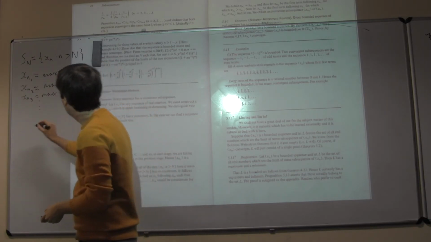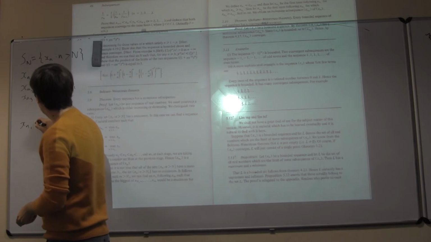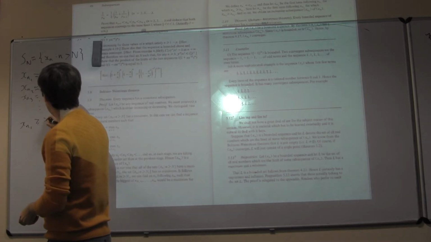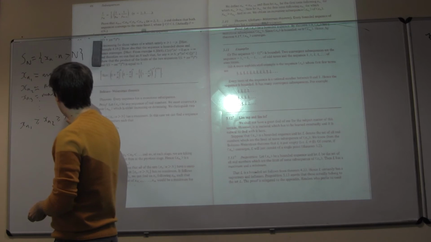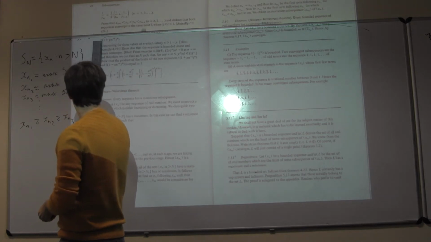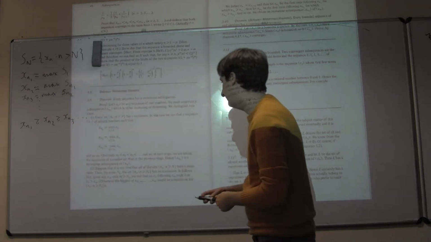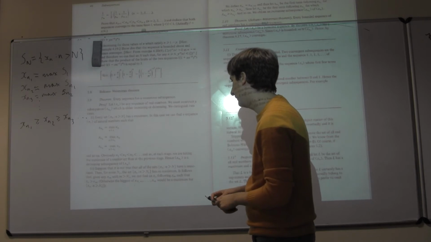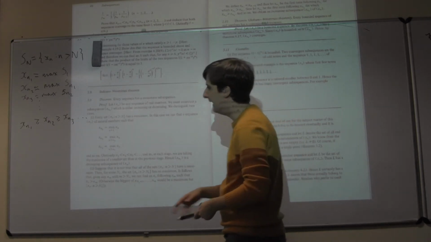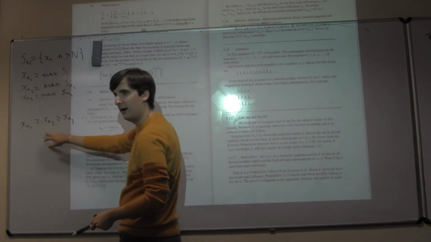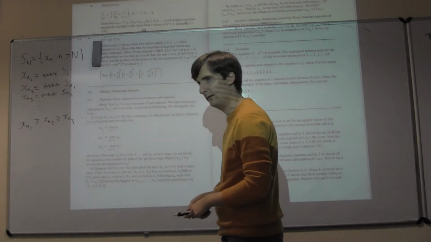So it must be the case that x_{n1} is greater or equal to x_{n2}, which is greater or equal to x_{n3}, etc. So x_{n_r} is a decreasing subsequence.